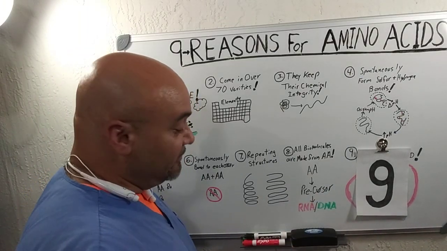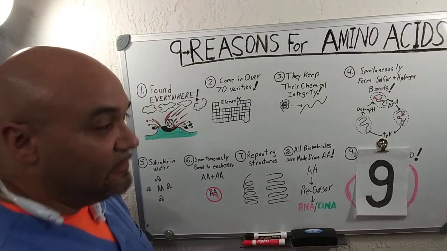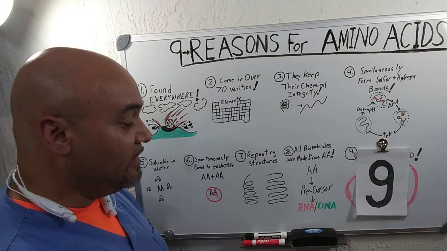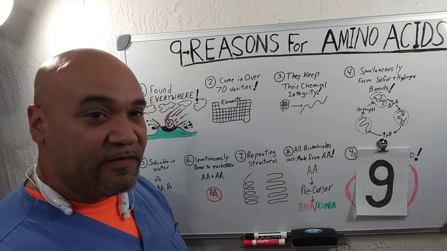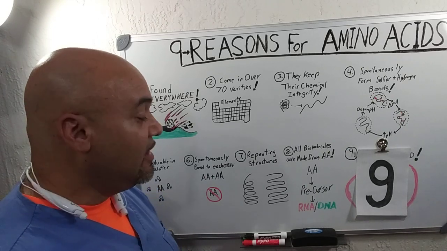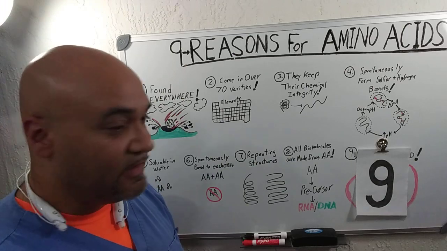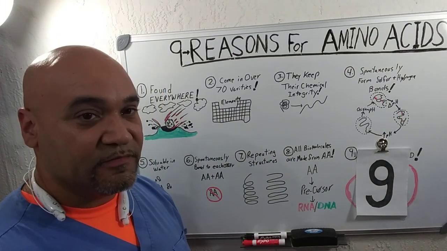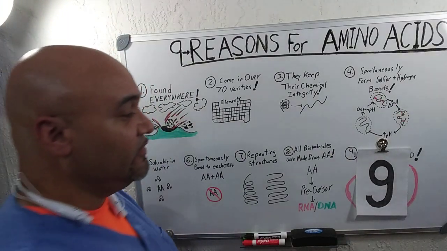In most cases, RNA and DNA, ATP, which is another type of RNA. All the biomolecules made by life always start with amino acids. Again, something you don't find with other compounds that life could possibly use.